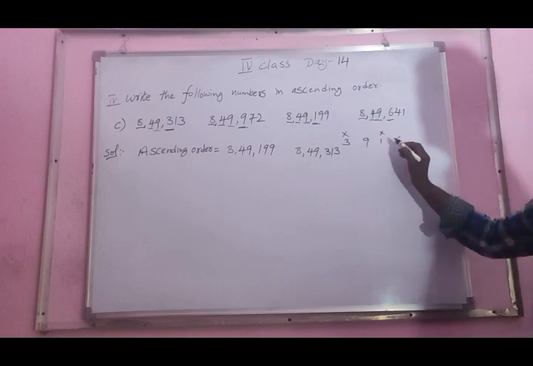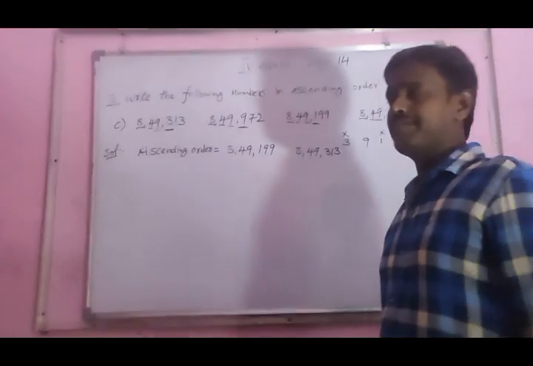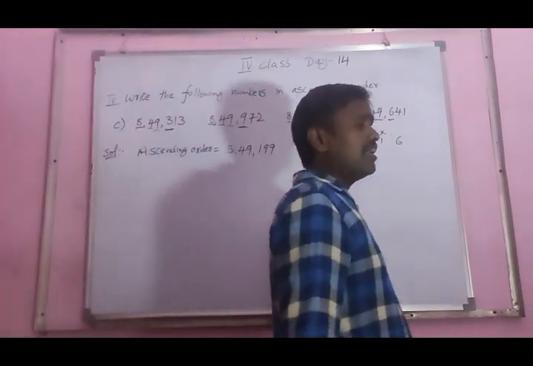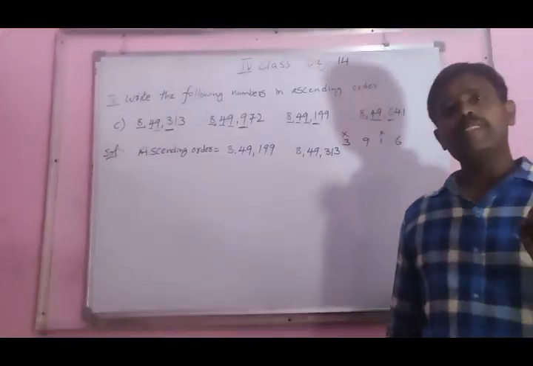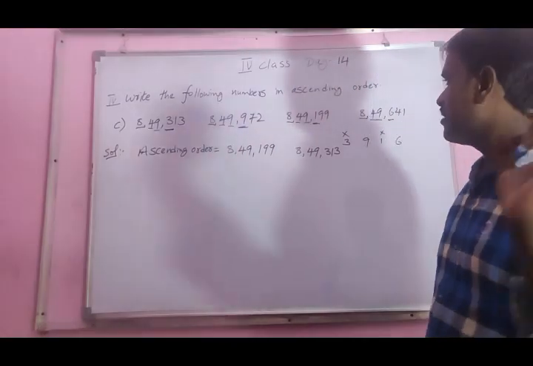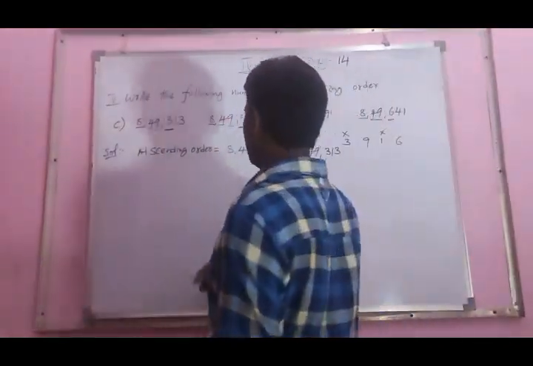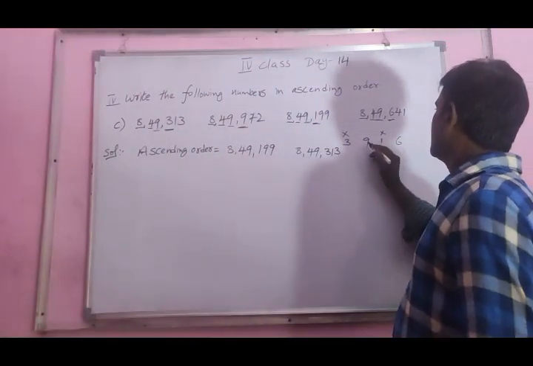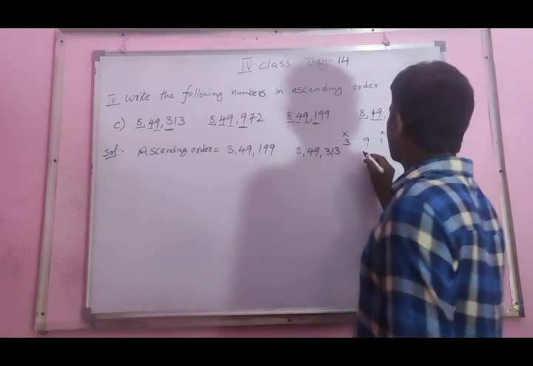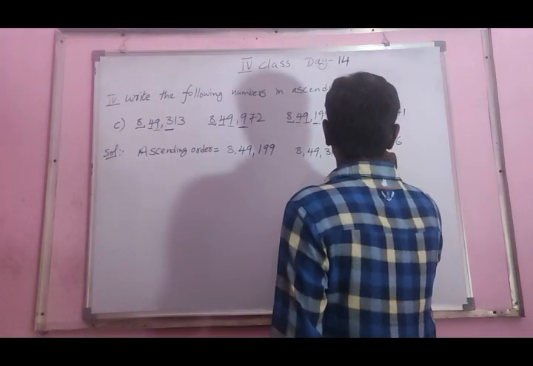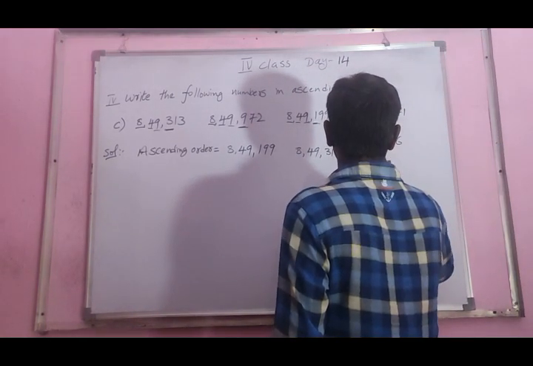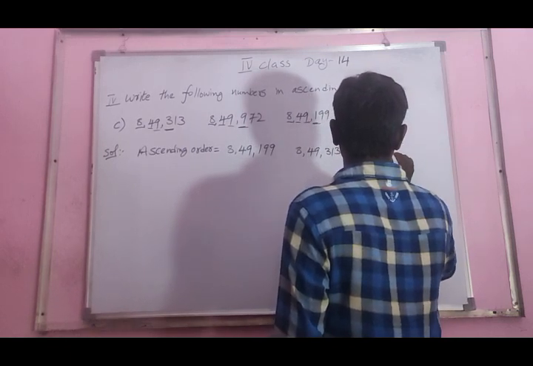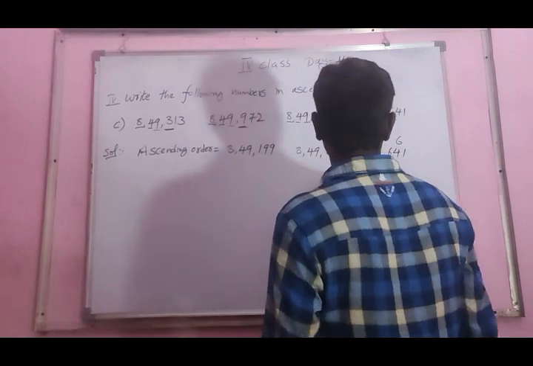Next one, 9 and 6. We know that 6 is the small number than 9. So this is 8,49,641.